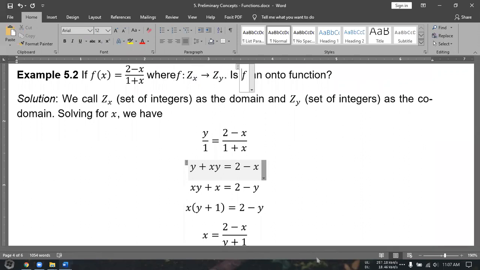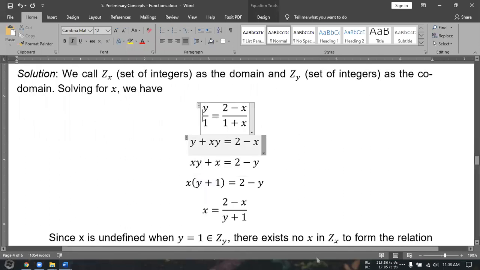If this is onto, every element in y should appear as an image of at least one element in x. For one-to-one, our reference is the elements of x. For onto, our reference is the elements of y. That's why we reversed our independent variable.